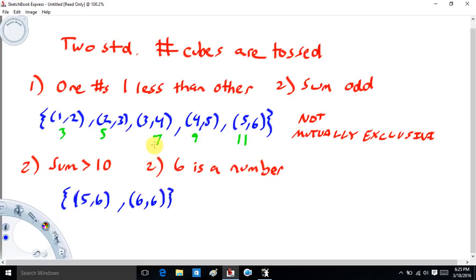Sum is greater than 10. Mutually exclusive again means the events cannot happen at the same time. So here 6 is a number here and here, so they are happening at the same time, so they're not mutually exclusive.